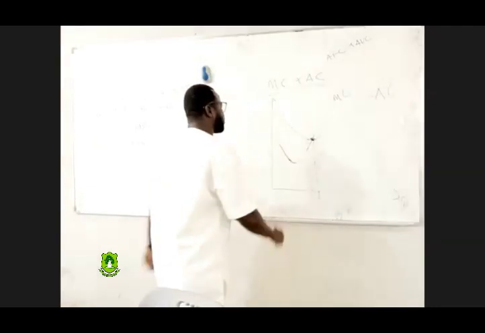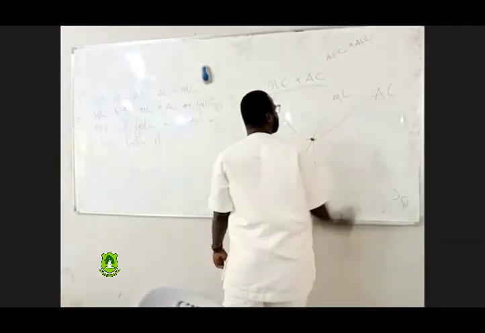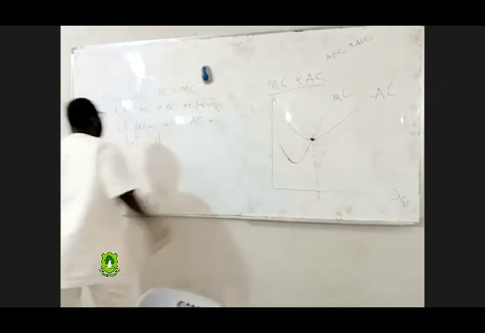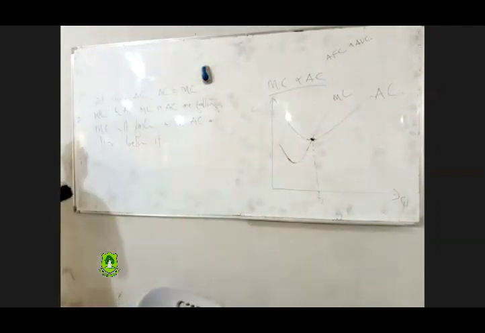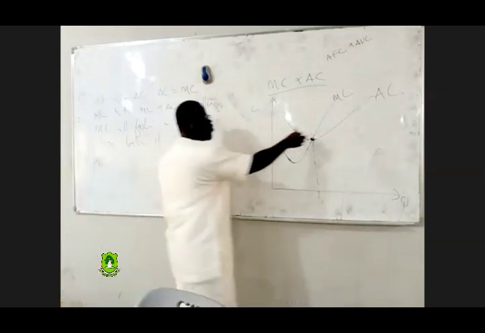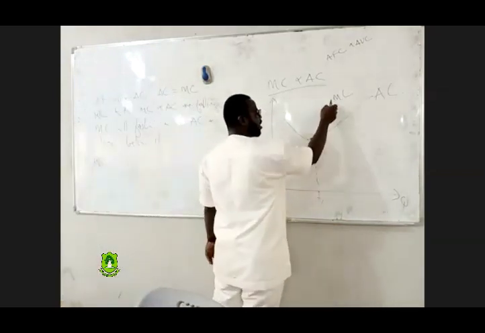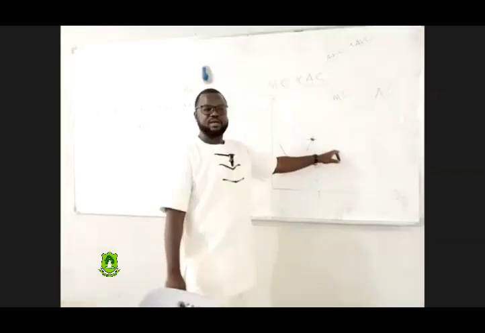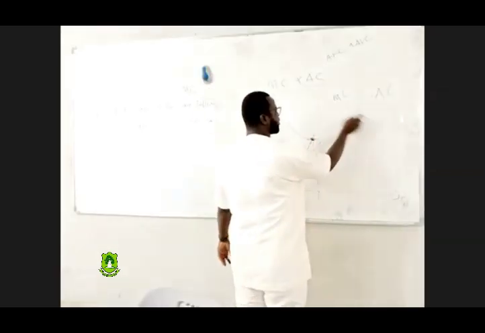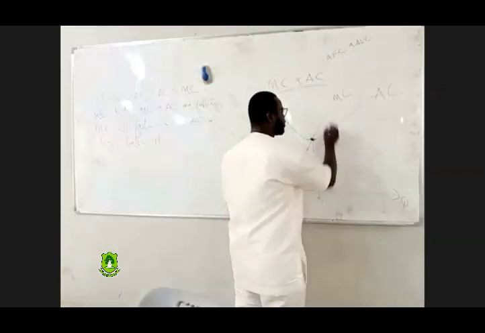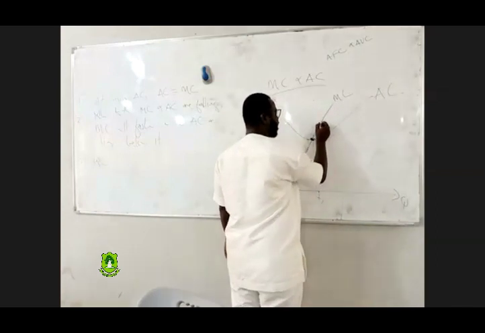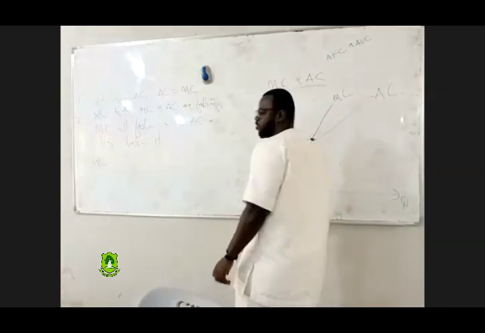Below the average cost. Now let's look at the other side, which is when both are rising. So when both are rising, one rises faster than the other. In this particular case, which one rises faster than the other? Marginal cost. And that is why it is lying above the average cost.